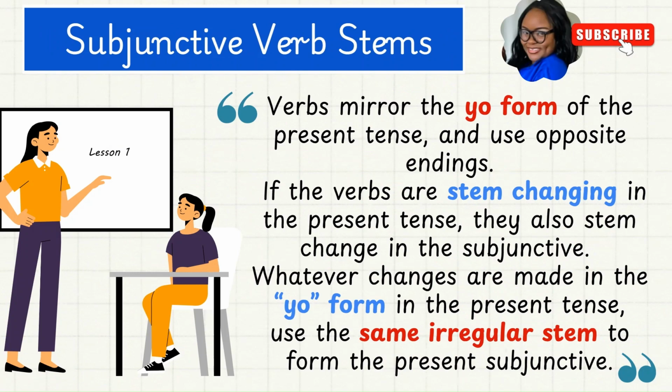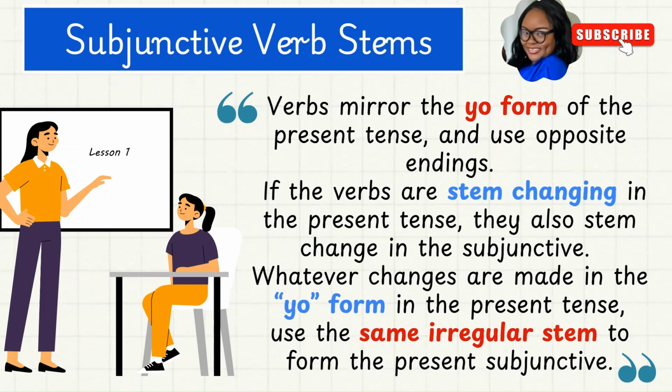For example, if the verbs are stem changing in the present tense, they will also stem change in the subjunctive. So we're following everything that happens in the present tense. Now, whatever changes are made in the yo form in the present tense, we would use the same irregular stem to form the present subjunctive.